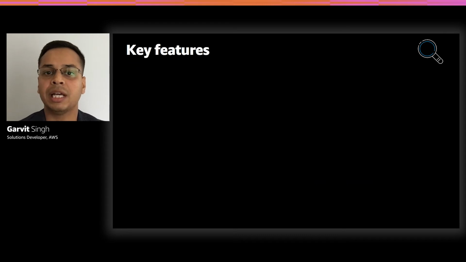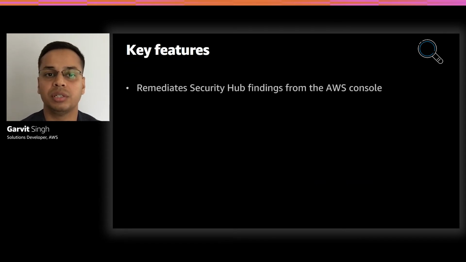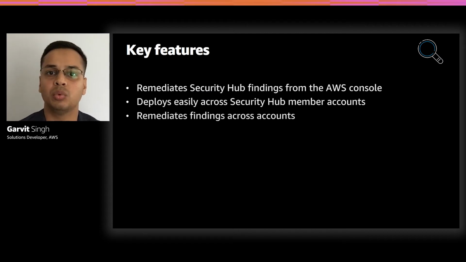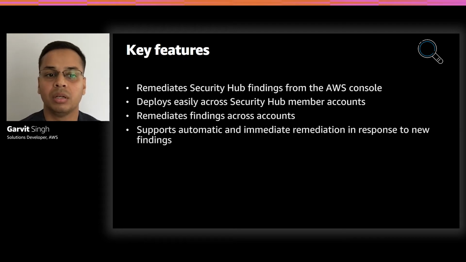So let's recap some of the key features of this solution. We saw how easy it was to remediate the finding from Security Hub console itself. We saw it in the demo. We saw that the solution works in one account, but it does support multi-account setup. So if your account is a part of organization, your member accounts can also use this solution. You can enable automatic remediation in response to the finding.